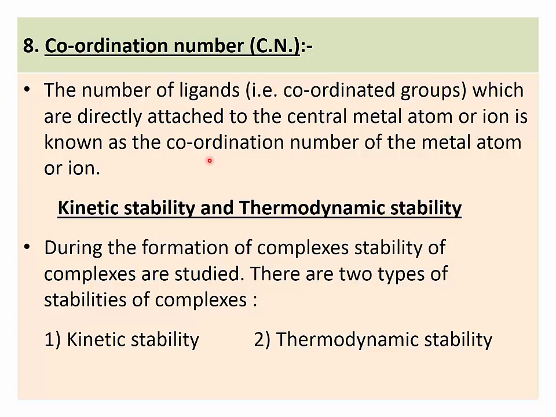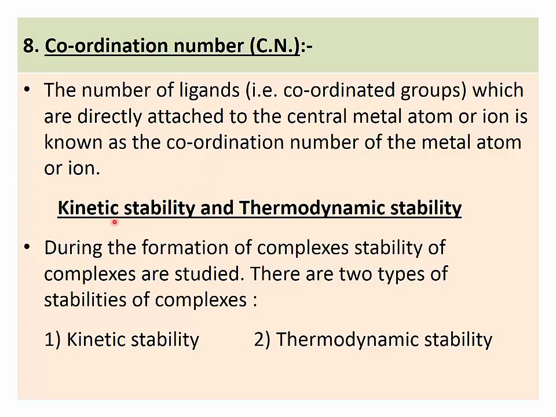In an octahedral complex, 6 ligands are attached to the metal atom or ion, so the coordination number is 6 here. In short, the number of ligands attached to the central metal atom or ion is called the coordination number. So this is about some important definitions from coordination chemistry.